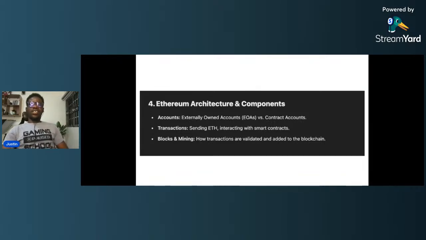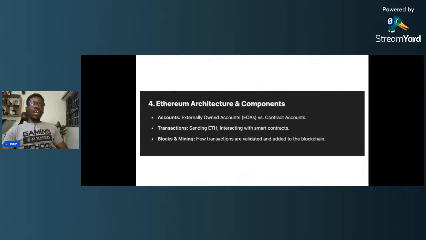When you create a smart contract, an account is mapped to it. That is the smart contract account, and there is a big difference between the two. Both of them have different scopes.